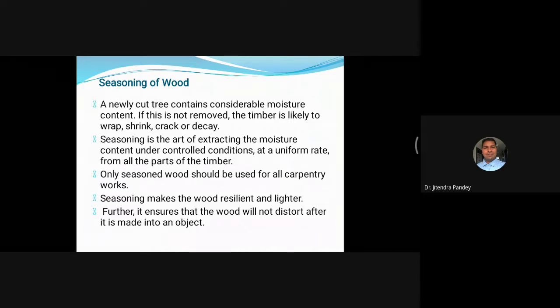While seasoning, we keep the wood inside a shed for at least 1, 2, 3, or 5 years. At that time the moisture content is reduced, and after it is fully reduced, you take it to the sawmills and cut it into geometrical shapes.